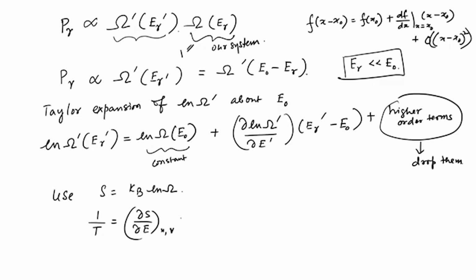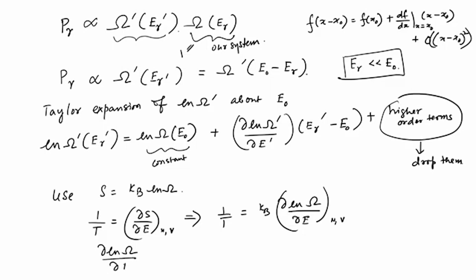So, that tells you that 1 over T can be written as k del log omega del E, and of course, this is a function of N and V. That tells you that del log omega del E at constant N and V is equal to 1 over k T, and this quantity is called beta.